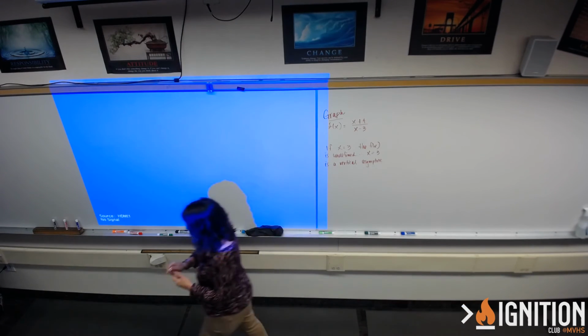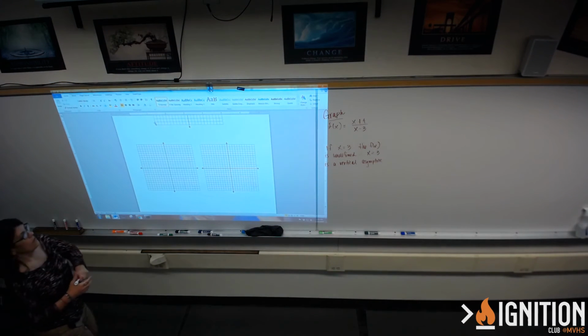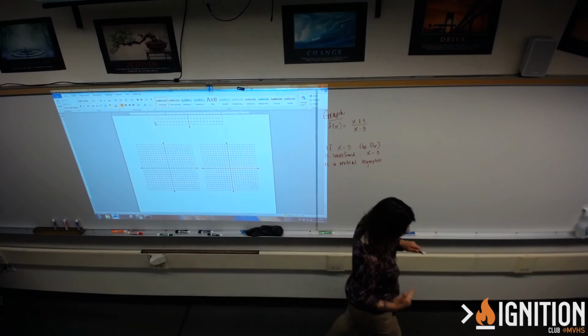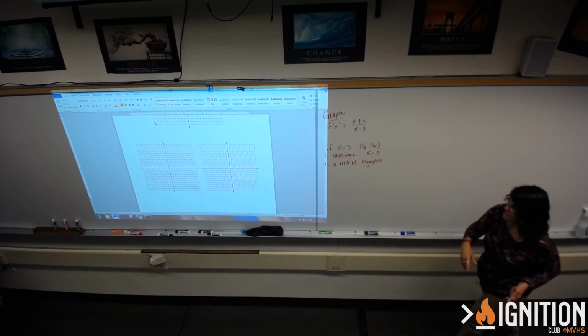It's a line that the graph approaches, but never touches. So we're going to graph this.